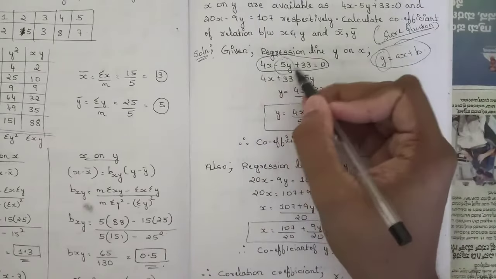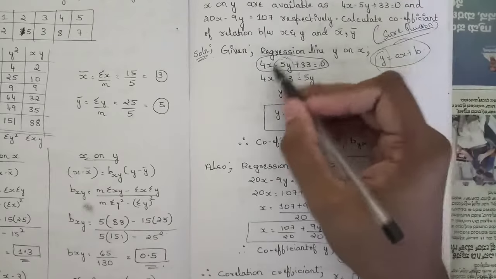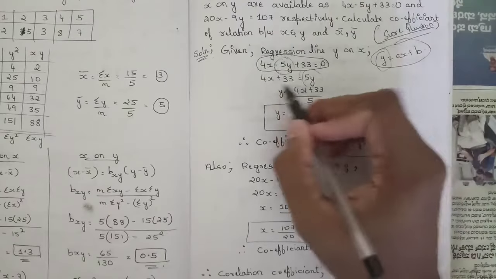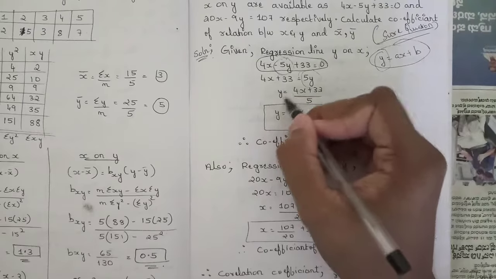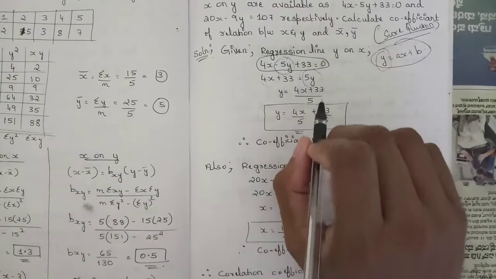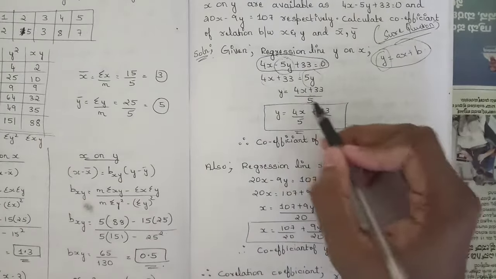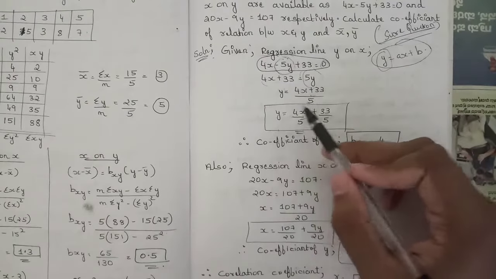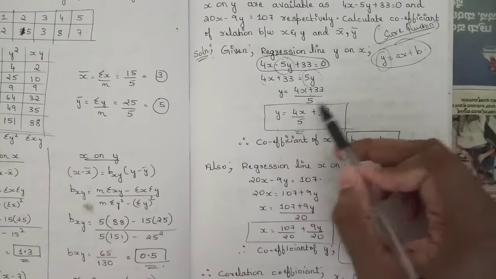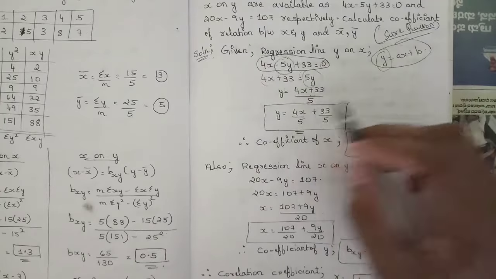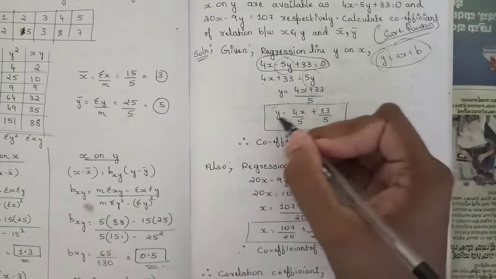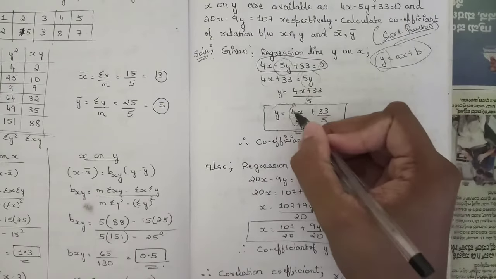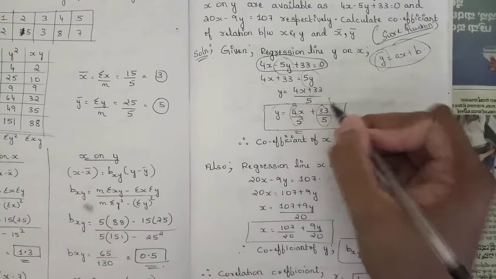That is, if we bring this 5y to the other side, here we have 0, so this would be plus 5y along with 4x plus 33. So y is equal to 4x plus 33 upon 5, right? So now split this denominator, y is equal to 4x by 5 plus 33 by 5. So this is of the form y is equal to ax plus b, right? Where the value of a here is 4 by 5 and the value of b here is 33 by 5.